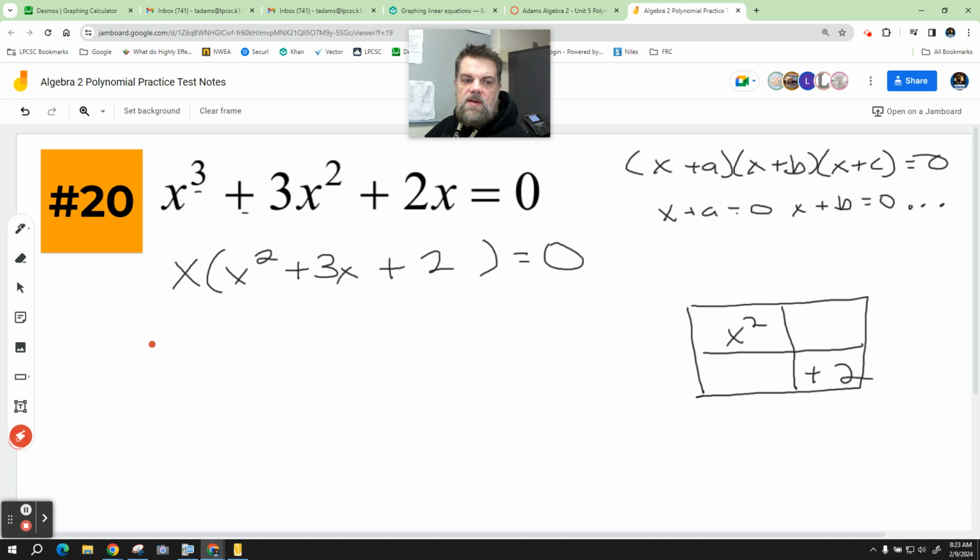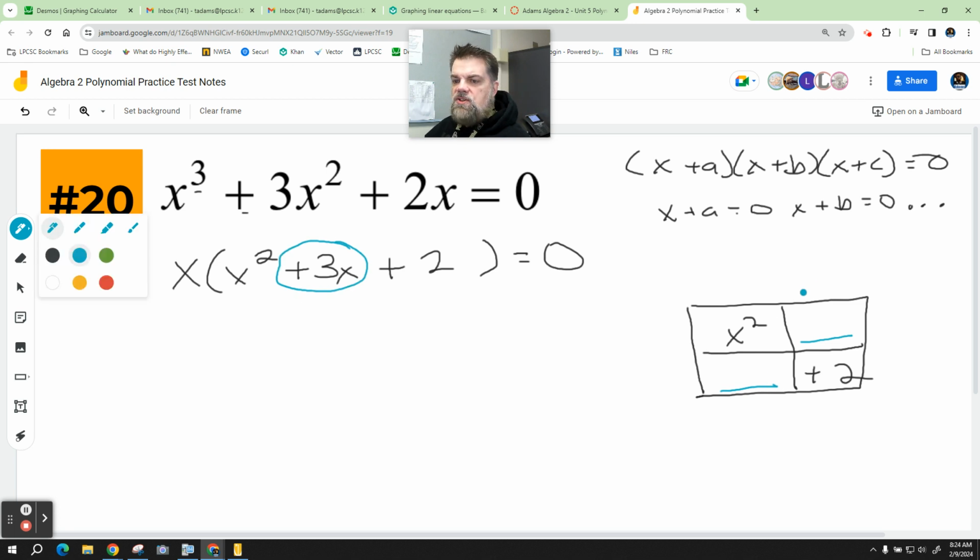So again, this plus this has to equal this. So what two numbers do I multiply by to get 2, but when I add them up, it equals plus 3x?